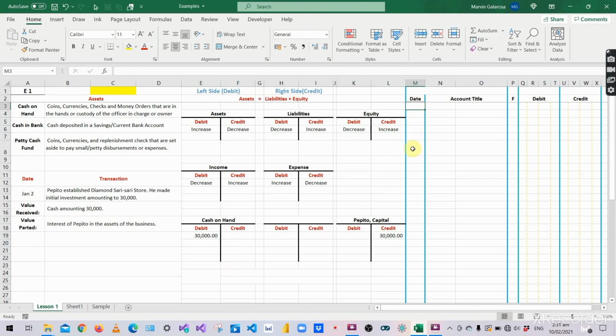Lagay natin yung year 2021, January 2. Entry mo, mauuna yung debit. So, ano muna? Cash on hand. Debit, cash on hand, 30,000 pesos.